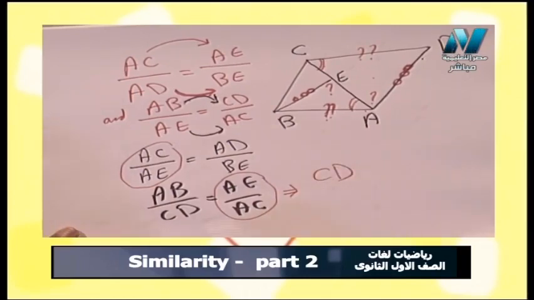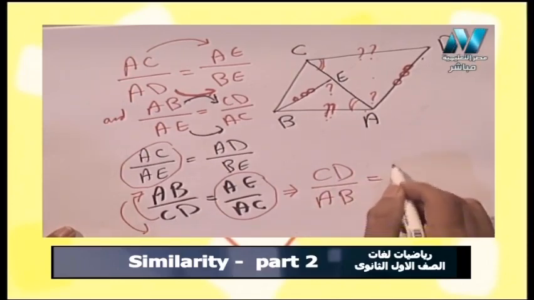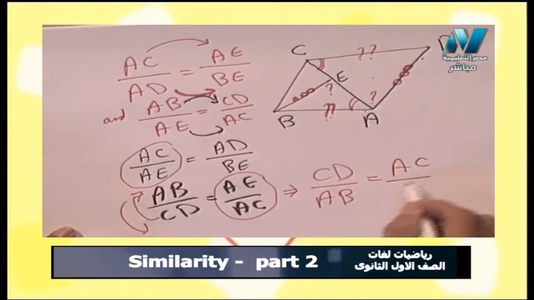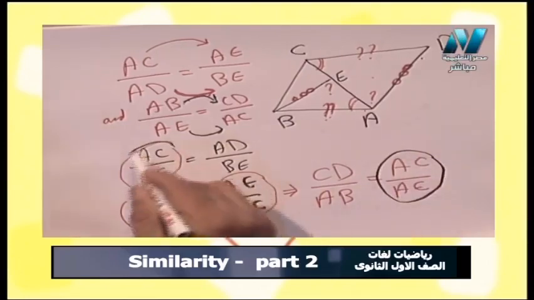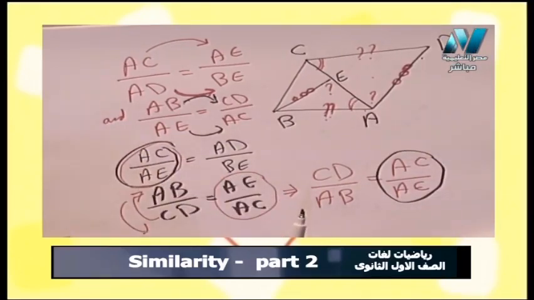We can put CD here instead of AB, and vice versa. CD over AB here equals AC over AE. Yes, now we succeeded in finding that AC here is the same as there. So we have two ratios equal from the two triangles here.